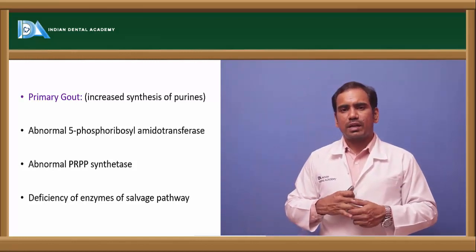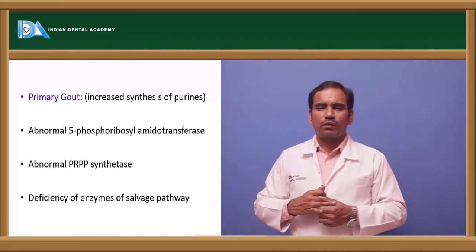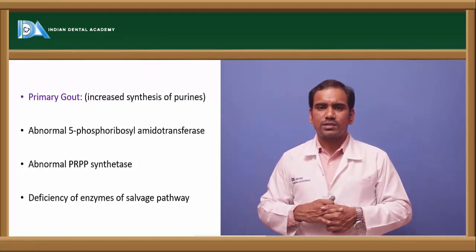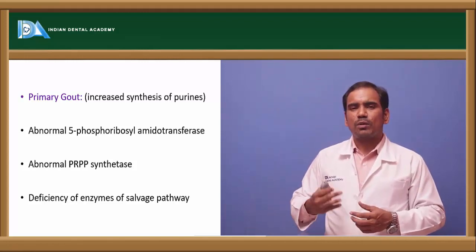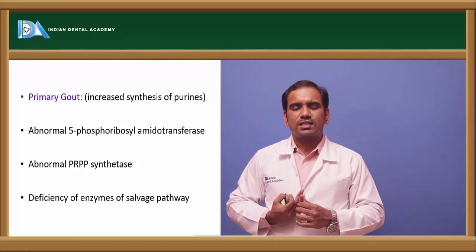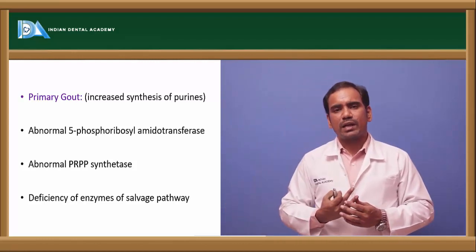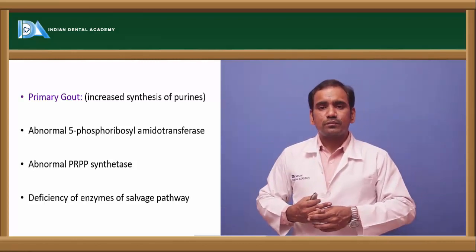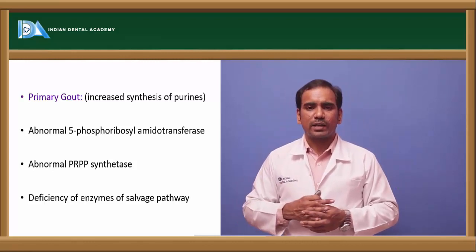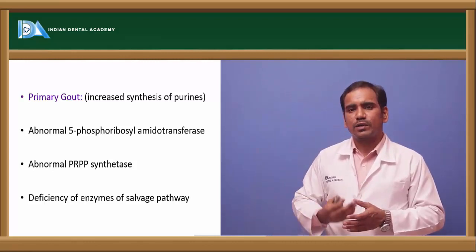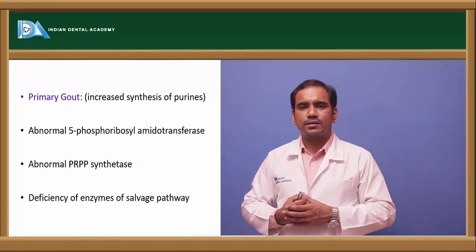So what causes primary gout? The abnormal 5-phosphoribosyl amidotransferase. Whenever an abnormal type of this enzyme is present, it cannot be regulated by feedback regulation; it is not sensitive to feedback regulation. The continuous activity of this enzyme leads to increased synthesis of purines.